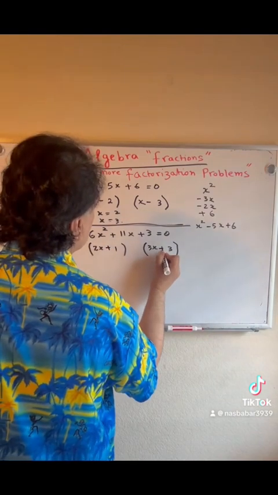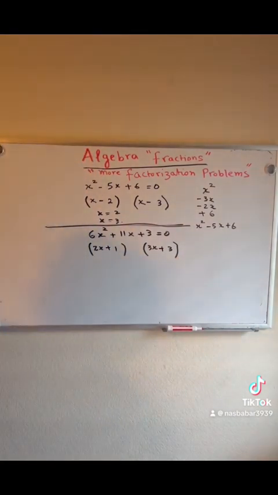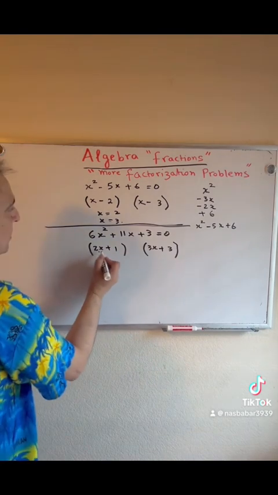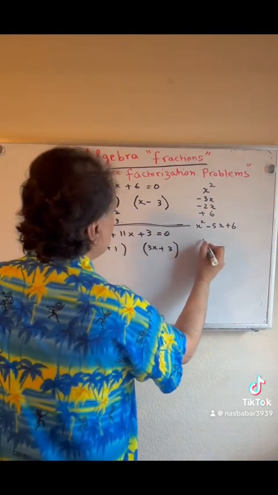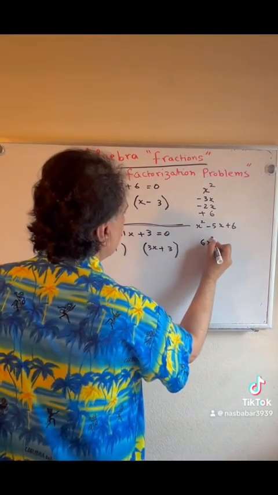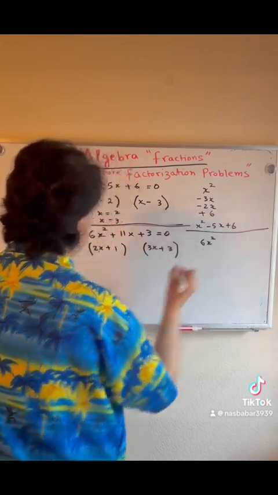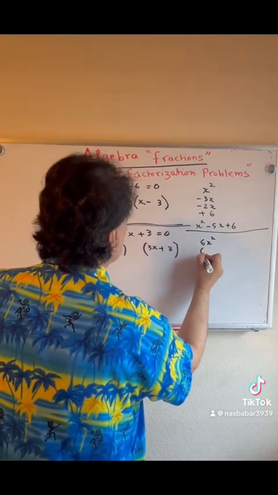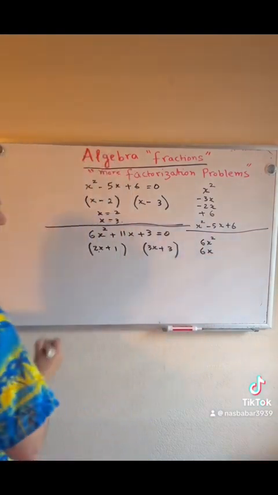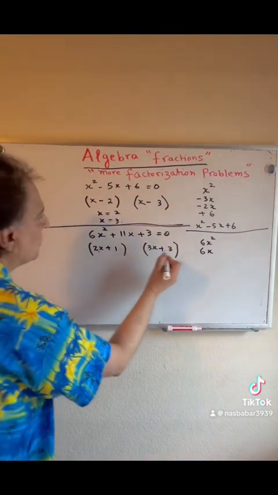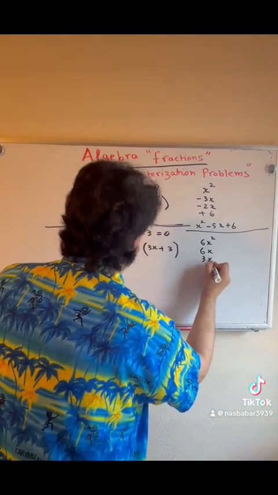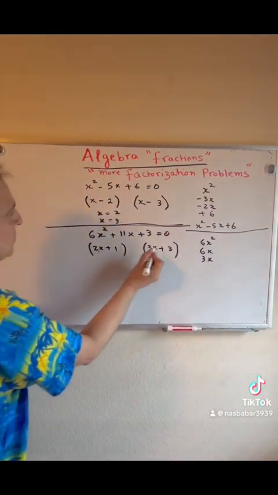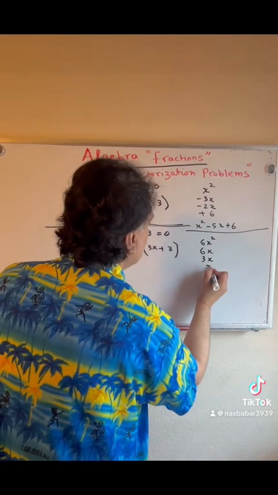No rocket science. 2x multiplied by 3x gives me 6x squared. 2x times 3 gives me 6x. 1 times 3x gives me 3x. 1 times 3 gives me 3.